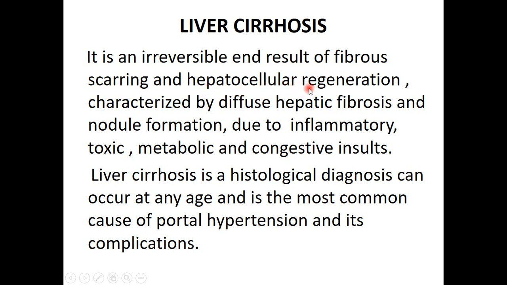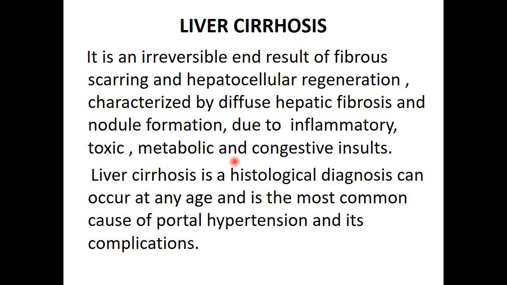So there is fibrosis, scarring, and regeneration, characterized by diffuse hepatic fibrosis and nodule formation due to inflammatory, toxic, metabolic, or congestive insult, for example congestive cardiac failure. All these may cause chronic liver disease and liver cirrhosis.